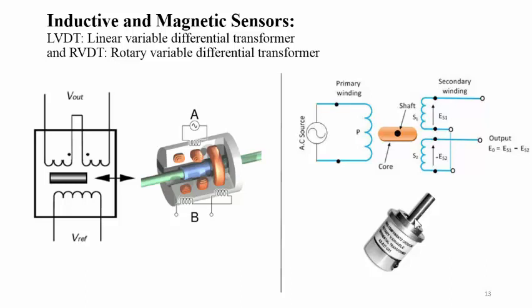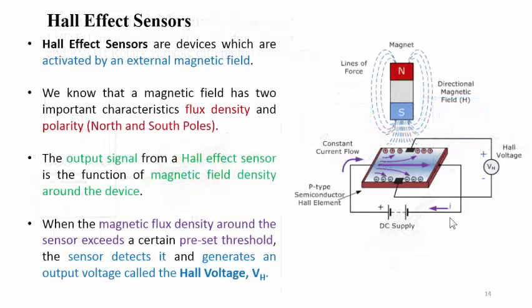So maybe ES1 minus ES2 or ES2 minus ES1, depending on the rotary movement of the ferromagnet rotor. This is the package of this RVDT sensor. Here you will find the cylindrical kind of package and one shaft. So depending on the rotation of the shaft, we are getting the change in the output voltage.